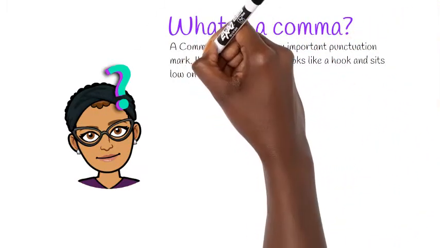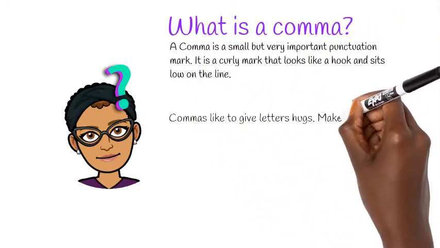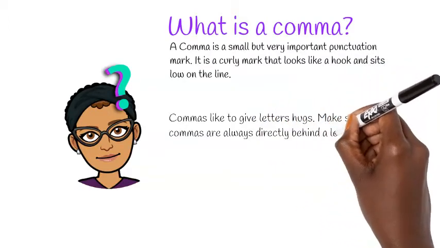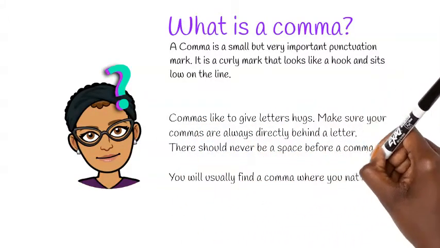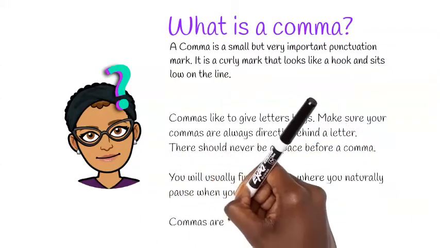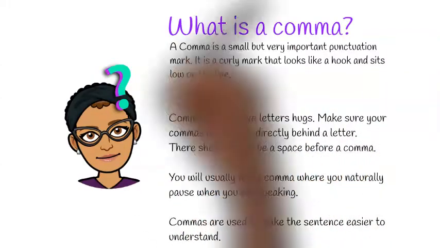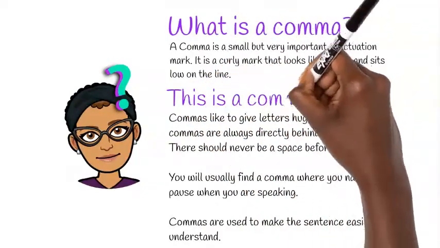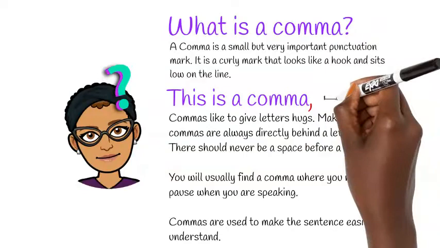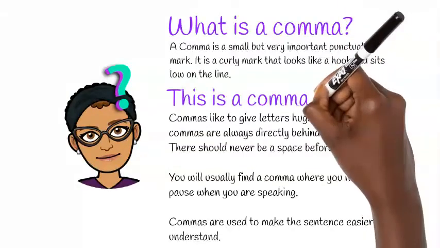Commas love to give letters hugs. Make sure your comma is always directly behind a letter. There should never be a space before a comma. You'll usually find commas where you naturally pause when you are speaking. Commas are used to make the sentence easier to understand. This is a comma.